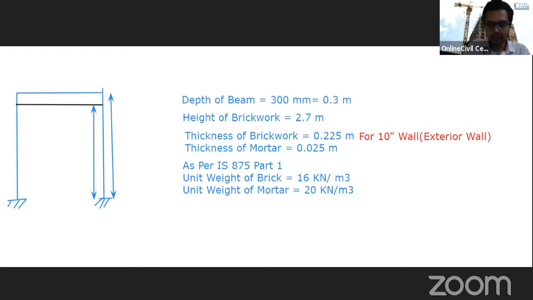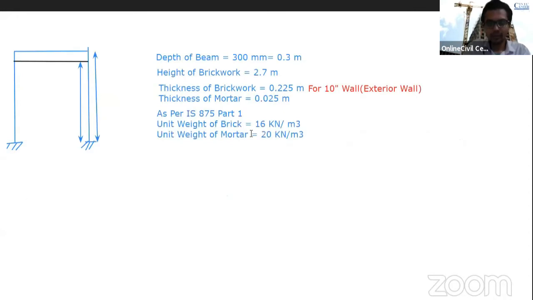Now, if we can go back to our screen sharing, to our whiteboard. Okay. So up to here, we have calculated the thickness of brickwork for the 10-inch exterior wall, and the thickness of mortar also we have calculated.